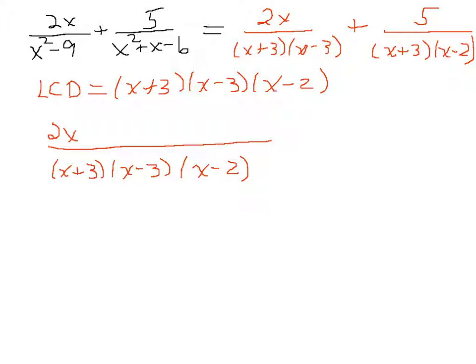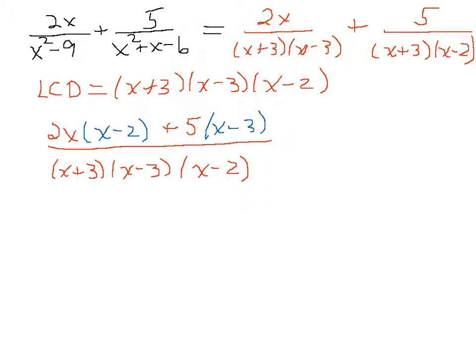Can you pick it up? It looks like it got multiplied by x minus 2. Okay, and then we have that plus 5. And what is the 5 getting multiplied by? Looks like an x minus 3.